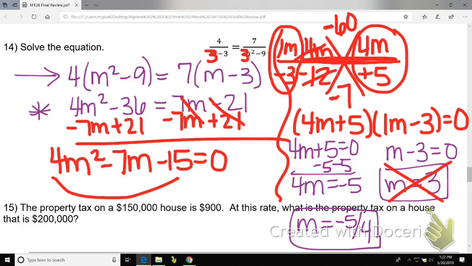Okay, then it says at this rate, what is the property tax on a house that's $200,000? Well, if they say that the rate's exactly the same, can't we just set it up as a proportion, comparing the value of the house to its property tax? Yeah. So this is just nothing more than a proportion problem.